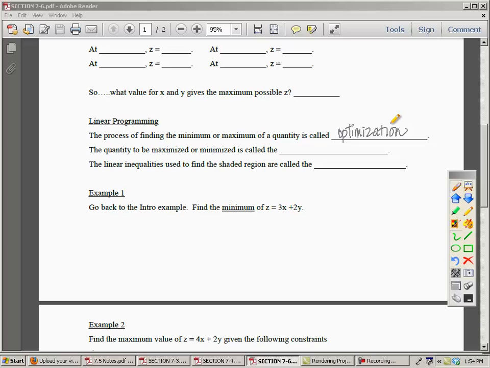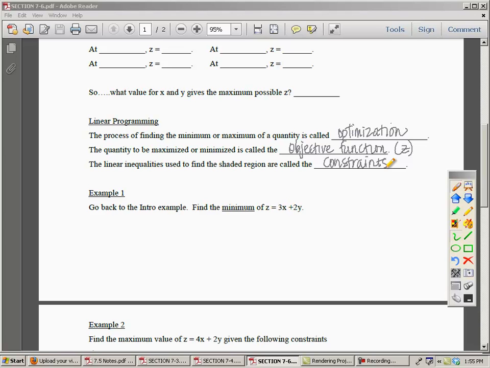The quantity to be maximized is called our objective function, and our objective function is that function of z. That's what they're talking about in this program: can you maximize or optimize the value of z. The linear inequalities are what we call our constraints, and they limit which areas we're looking at in order to optimize our program.